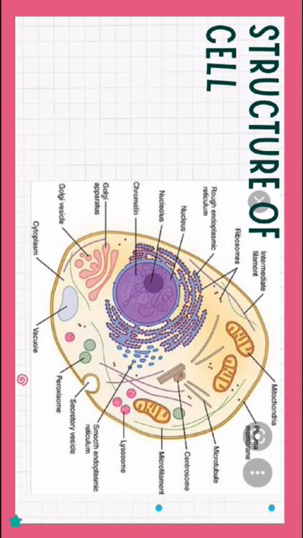There are various other cell organelles like microtubules, centrosomes, microfilaments, cytoplasm, lysosomes, smooth endoplasmic reticulum, rough endoplasmic reticulum, peroxisomes, vacuoles, Golgi vesicles, Golgi apparatus, chromatin, nucleolus, ribosomes, etc. All these cell organelles together form the cell and take part in the functioning of the cell.